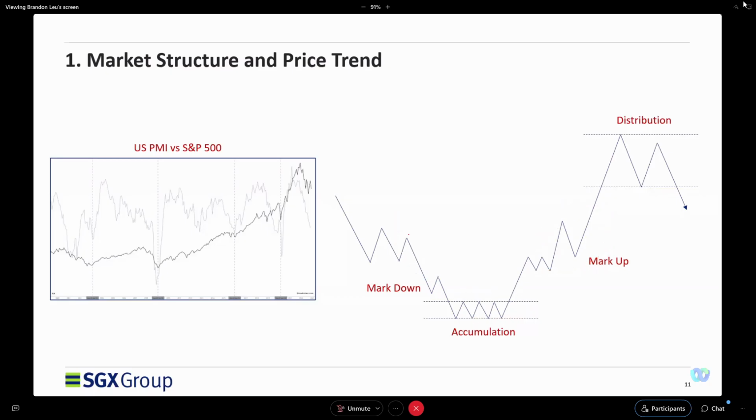If the stock price has been beaten down, like a lot of the REITs, and now it's trading sideways, there's a good probability that they are in accumulation, and we would like to position ourselves in the markup phase. As the interest rate probably eases off, the income of the REITs starts to improve.